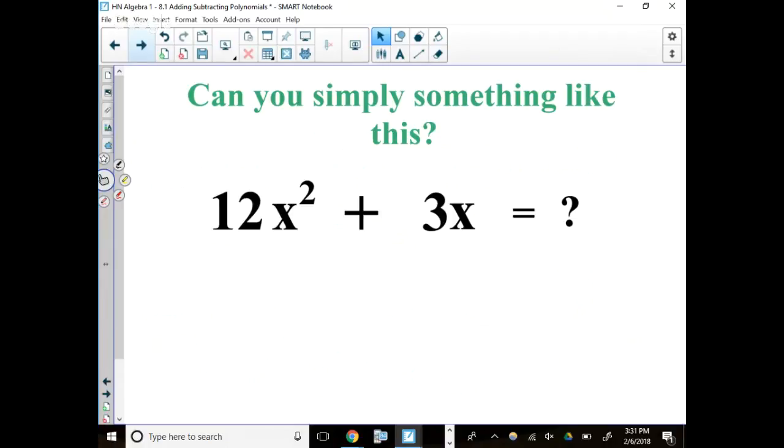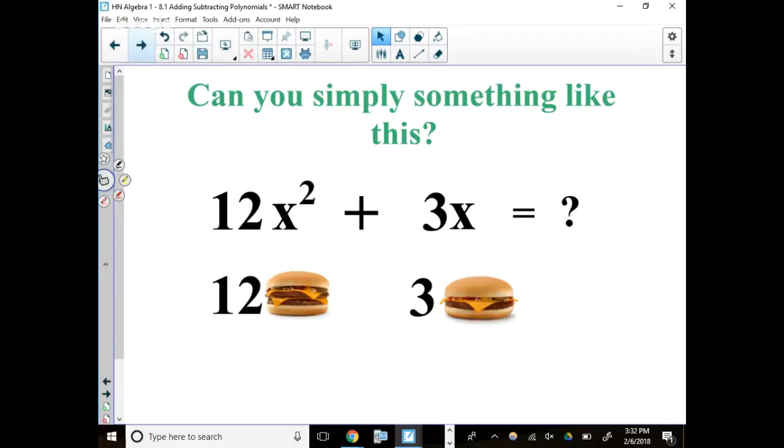All right, so again, for your class, I would ask you if you could simplify this at all. So maybe you said yes, maybe you said no, especially coming off of exponents here. But what I like to do is I like to think of cheeseburgers.